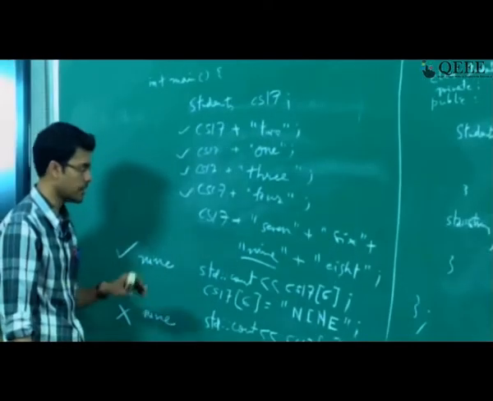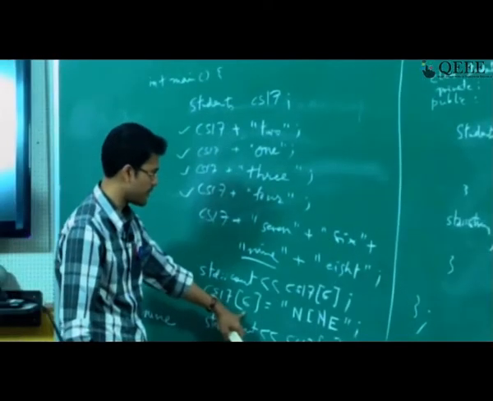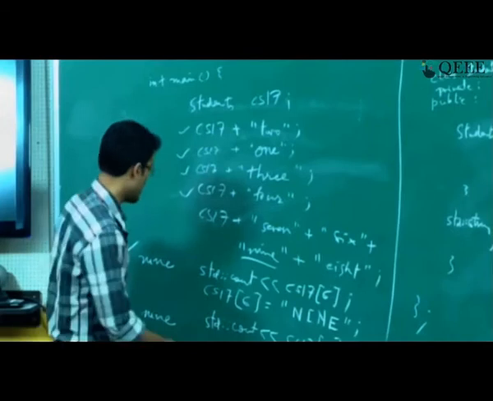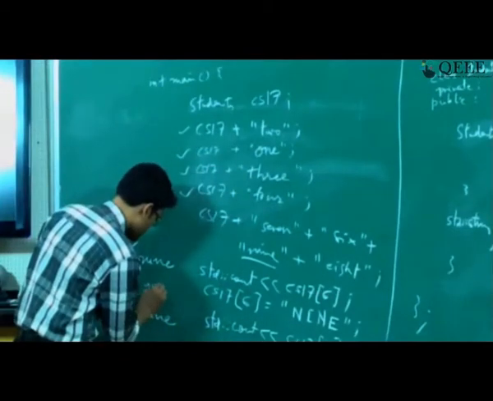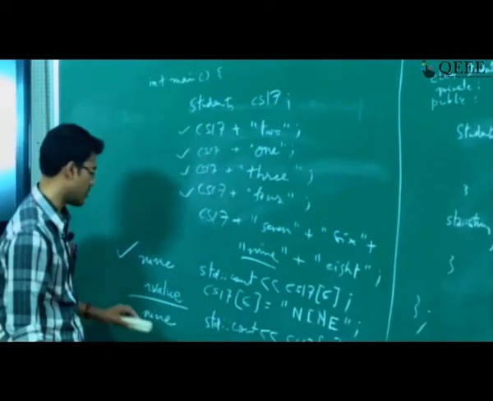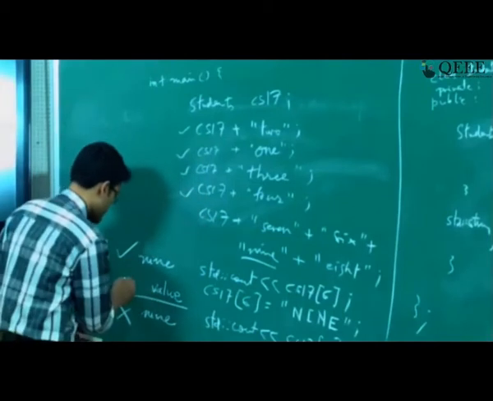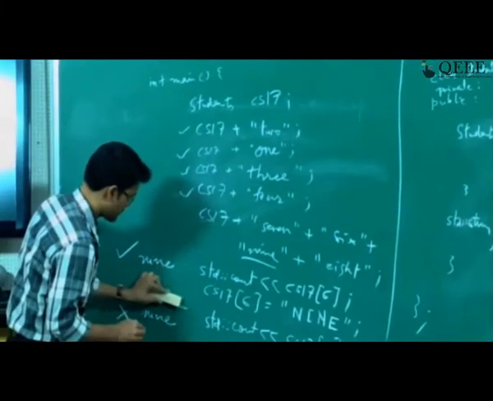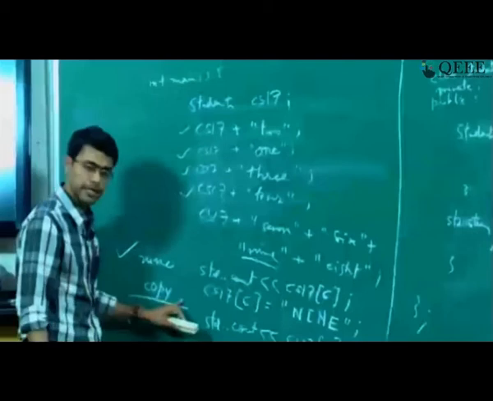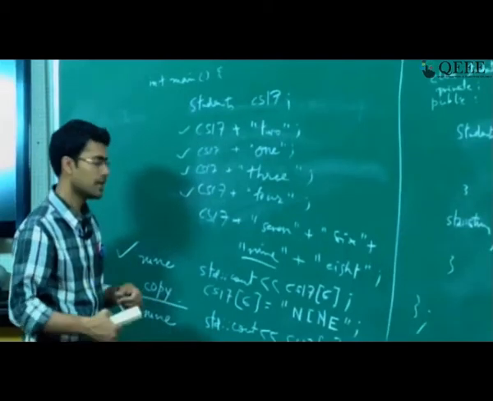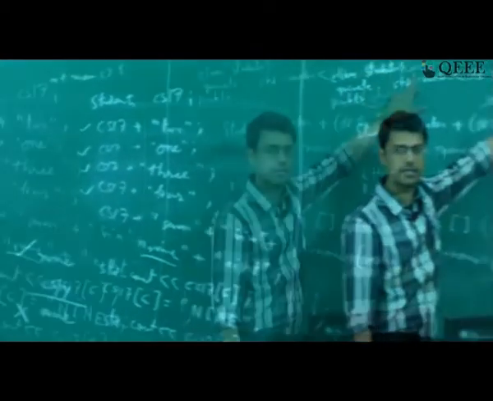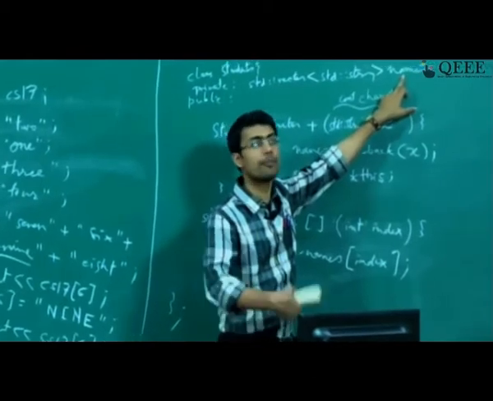The reason why this is happening is because when we are talking about CS17 of 6, are we really referring to the L value? What we are referring to is actually an R value, well, let me put it this way, an R value we don't expect to change. What we are talking about is a copy of the string. We are not really changing it. When we expect CS17 of 6 to change, we expect it to change names of 6. We don't expect it to change a copy of names of 6.